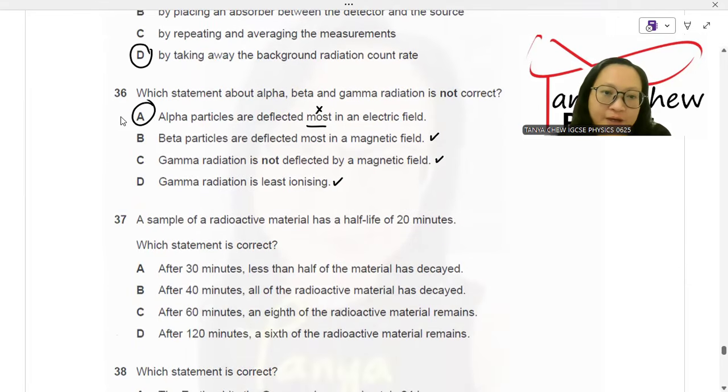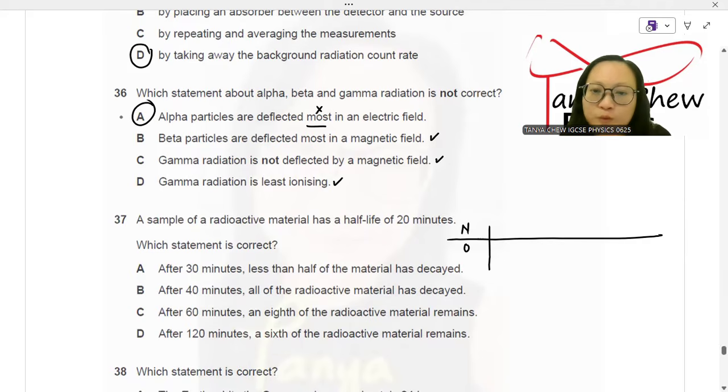Number 37. A sample of radioactive material has a half-life of 20 minutes. Which statement is correct? A, after 30 minutes, less than half of the material has decayed. Initially the number is N at time equal to 0. After 20 minutes, it would decay to half of its original value. So this is one half-life, 20 minutes.